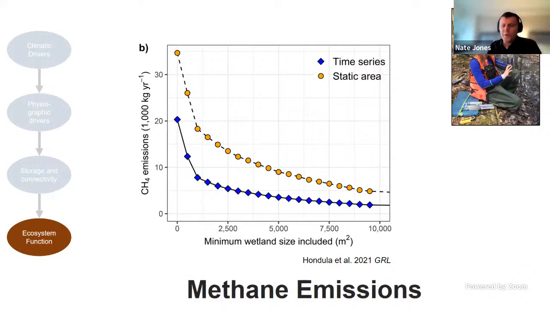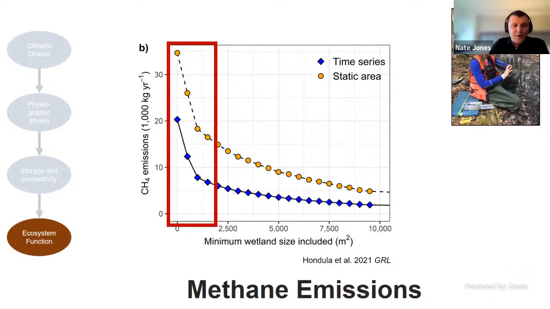There's a ton to dig into in this particular figure, but what I really wanted to highlight is that on the x-axis is the wetland size, and our small wetlands, which are also more abundant, produce an outsized amount of methane. These are also the wetlands that we often don't think about in our global scale models or our regional scale models. And yeah, they play an outsized role in methane production.